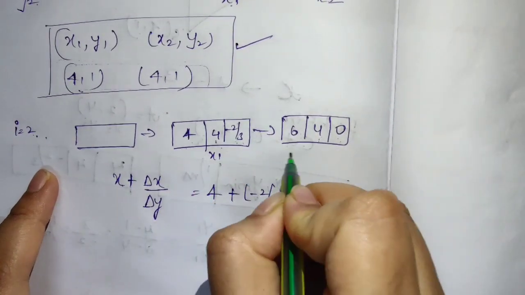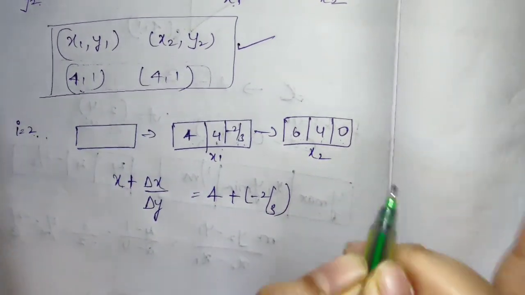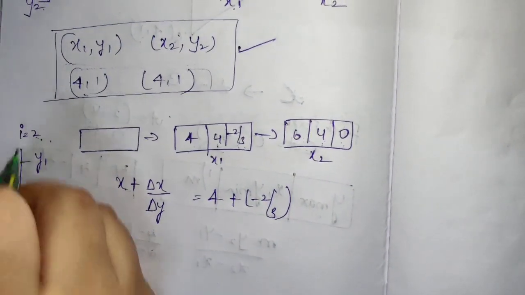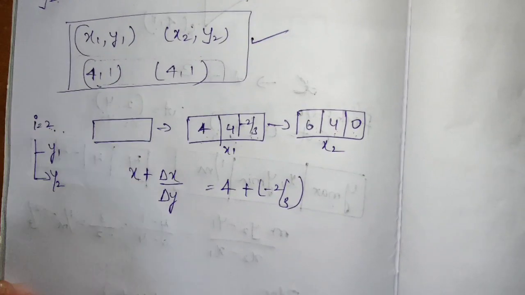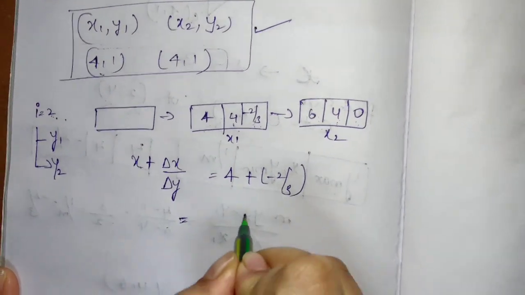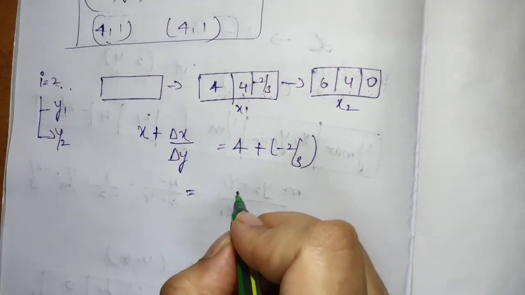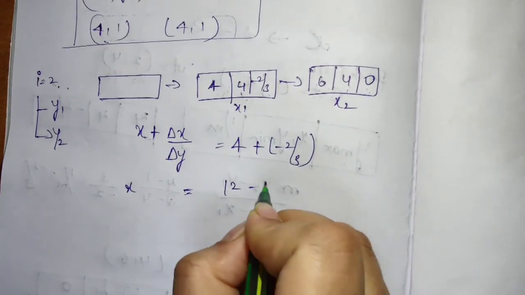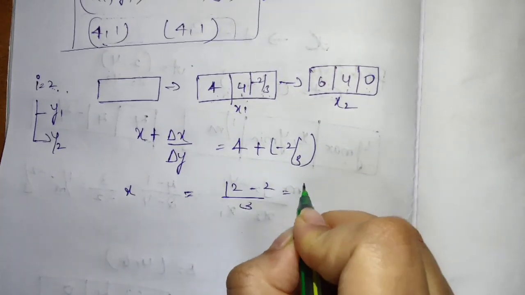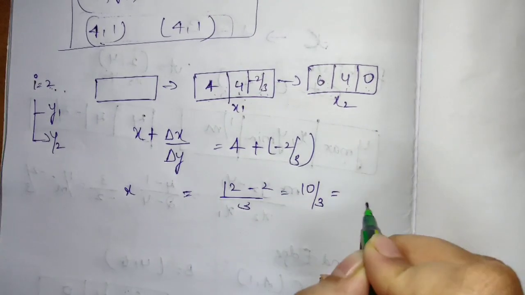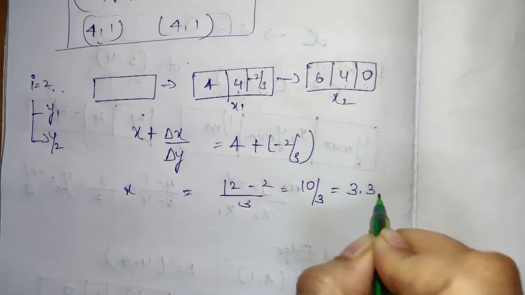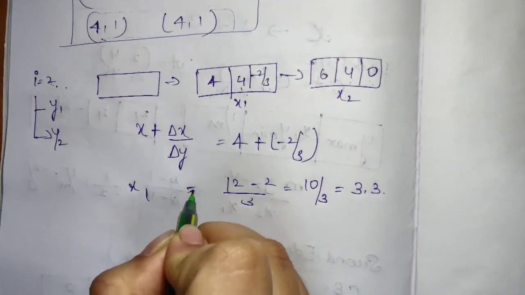This is your x1 and this is your x2. Please be careful. And this is your y1. This i value acts as y1 as well as y2. Very simple. So 4 minus 2 divided by 3, that is 10 divided by 3, which is approximately equal to 3.3. This is your new x1 value.